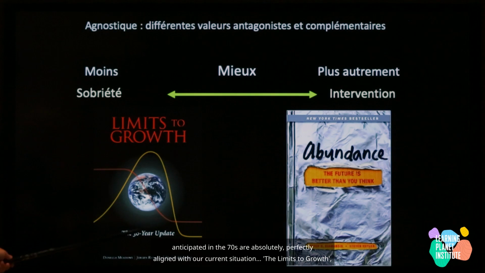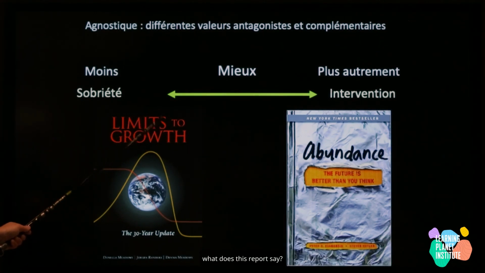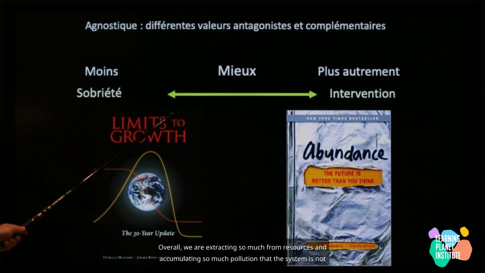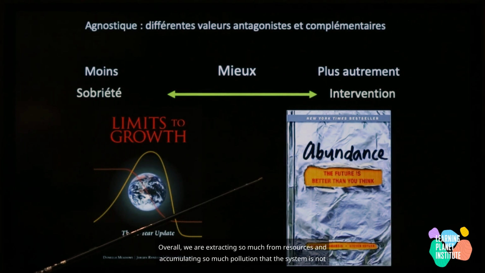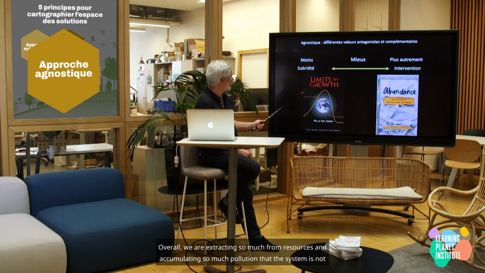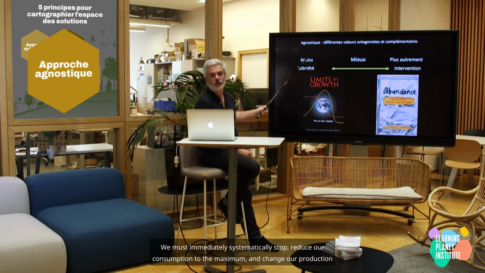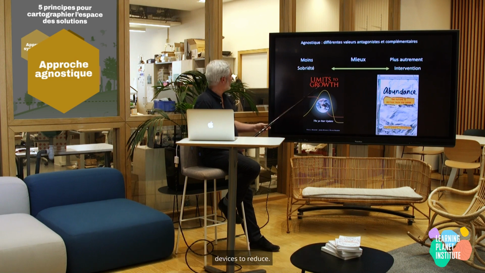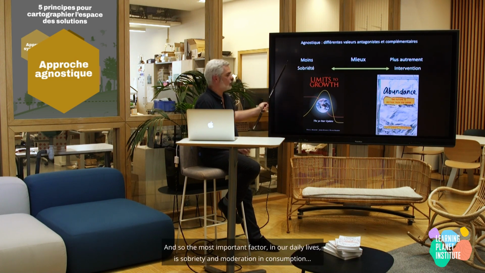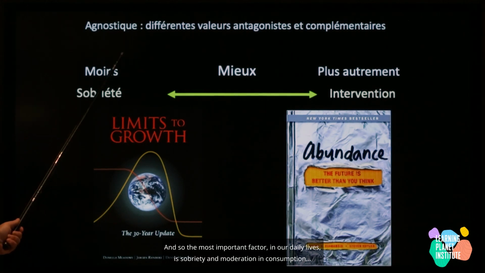What does this report say? Overall, we are extracting so much from resources and accumulating so much pollution that the system is not sustainable. We must immediately and systematically stop, reduce our consumption to the maximum, and change our production devices to reduce. And so the most important factor in our daily lives is sobriety and moderation in consumption.